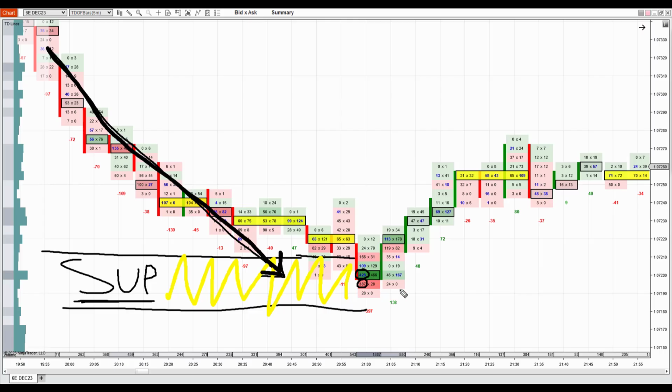It's more likely that they were waiting for the price to hit the support and then entered a long trade with a limit order. So this is the context I'm talking about. If this appears in a support zone, chances are that those who are buying are using limit orders.